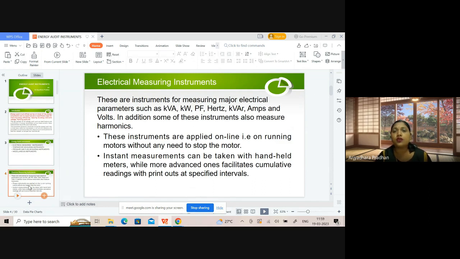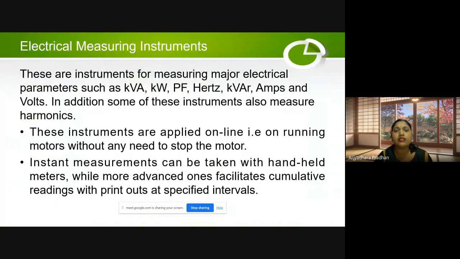These are instruments for measuring major electrical parameters such as kVA, kilowatt, power factor, hertz, kVAR, ampere, and volts. In addition, some of these instruments also measure harmonics, and these instruments are applied online on running motors without any need to stop the motor.